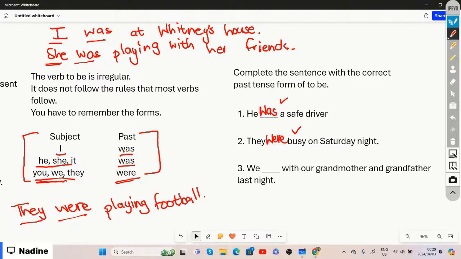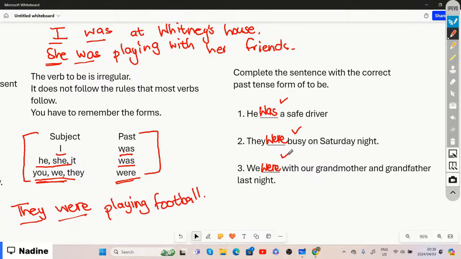We refers to more than one person doing the action. All right, and if we choose the correct one, then we will say we were.